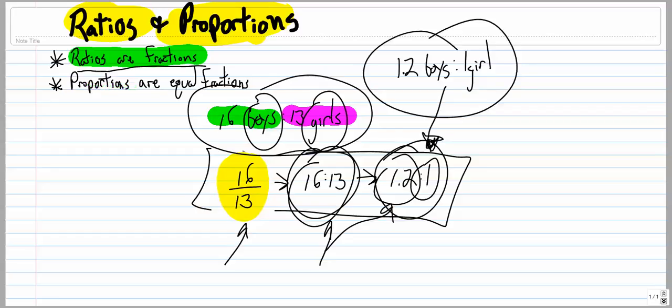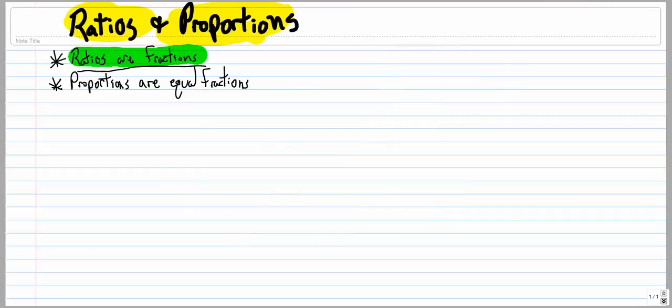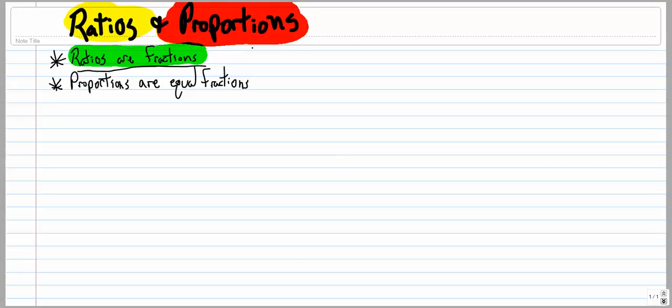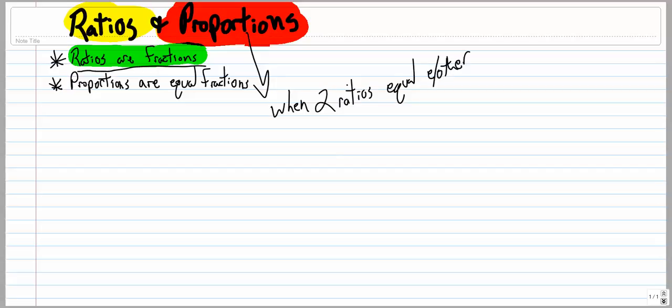Okay, next, I want to talk about proportions. And so what is a proportion? A proportion is pretty easy. A proportion is when two ratios equal each other. Okay, so let me try and keep the examples as easy as I can.